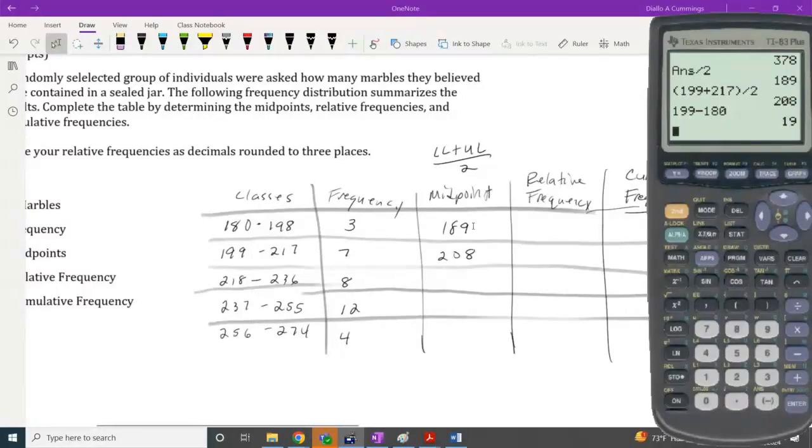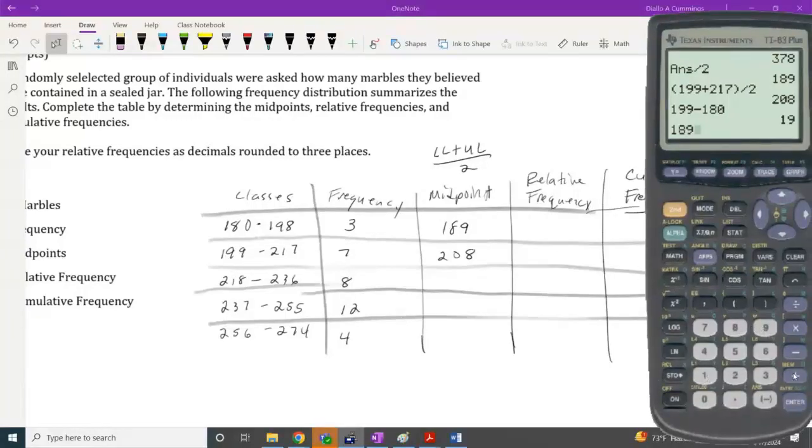I can simply keep adding 19. 189 plus 19 gives me 208. I can add 19 again, which gives the next class midpoint, 227.